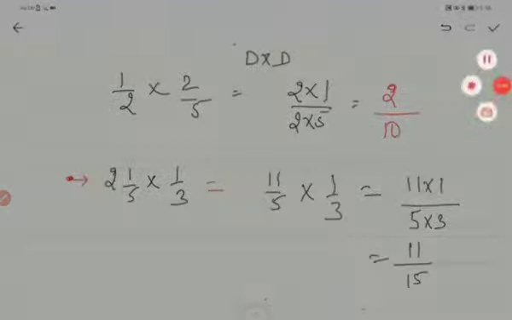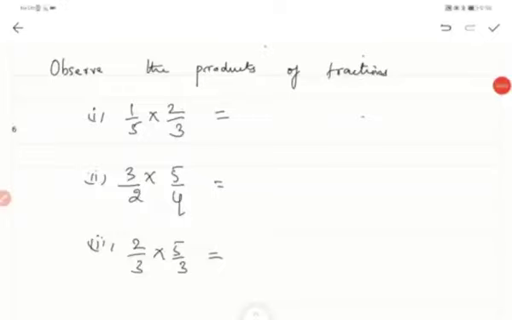Alright, now let's observe the product of these fractions. Okay, see what is happening, and let's get some conclusions from these. Okay, so 1 by 5 and 2 by 3, what are they? Are they proper fractions or improper fractions? They are proper fractions because the numerator is less than the denominator.